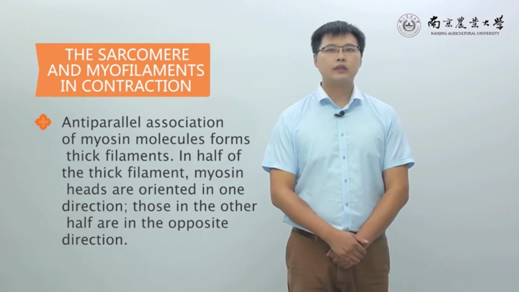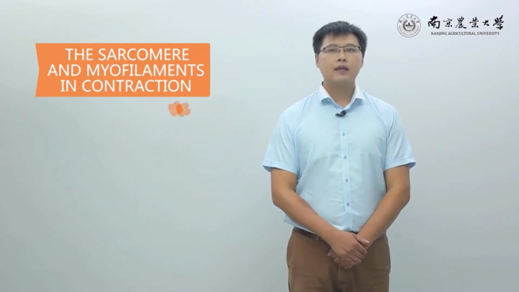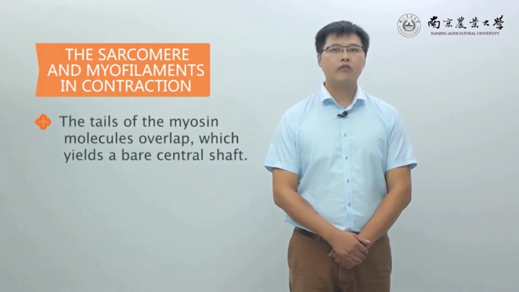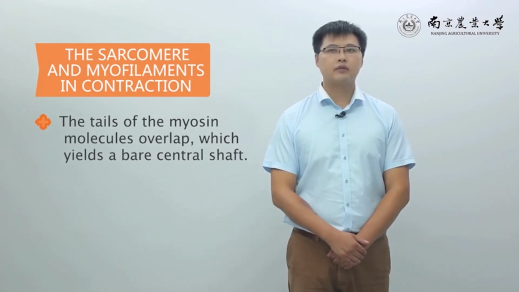In half of the thick filament, myosin heads are oriented in one direction. Those in the other half are in the opposite direction. The tails of myosin molecules overlap, which yields a bare central shaft.